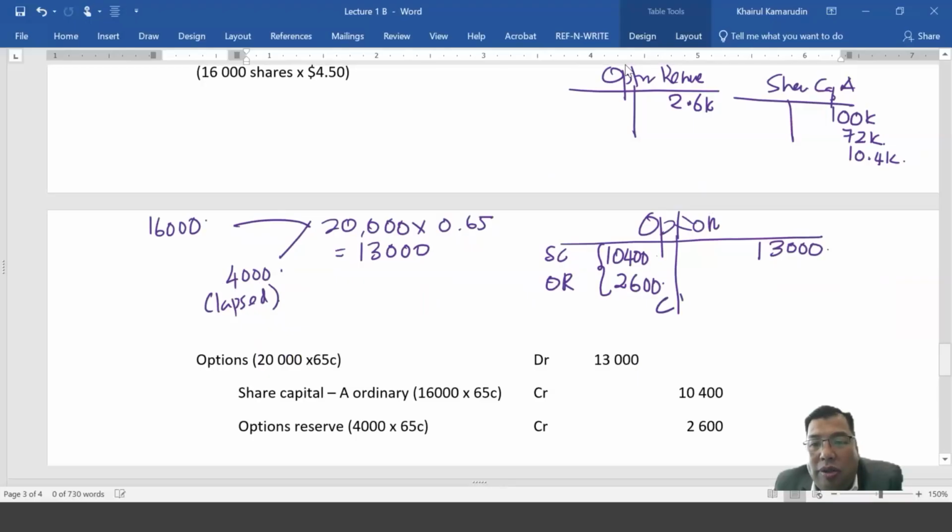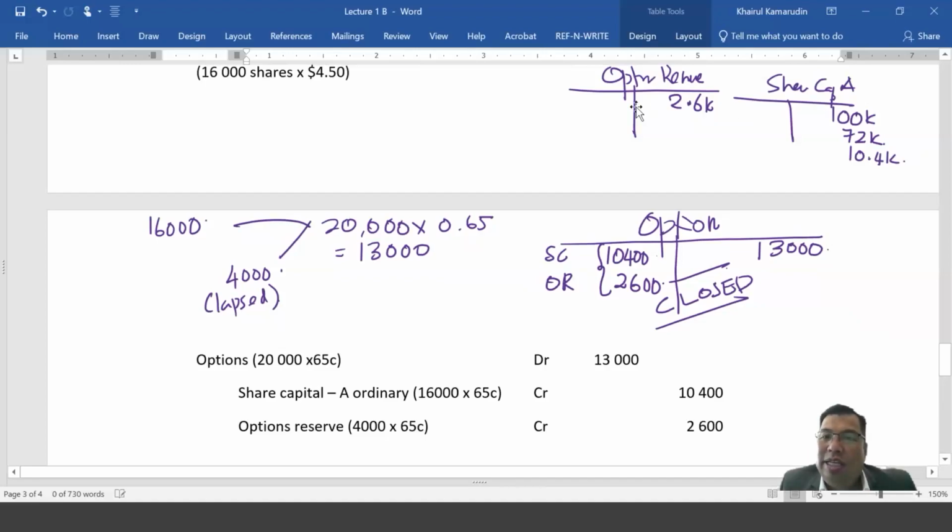You transfer the 10,000 to the share capital and the lapse amount to option reserve. Later on, you can transfer it to general reserve or other reserve. For the first year, just keep it as option reserve.